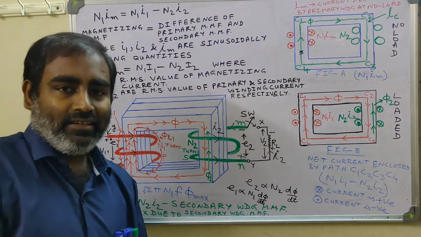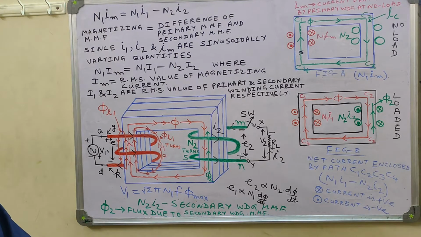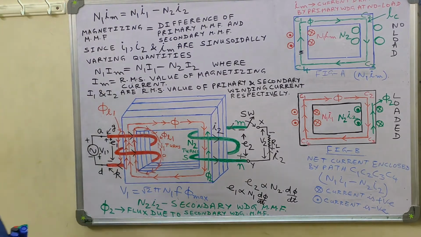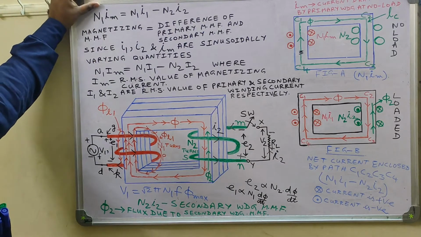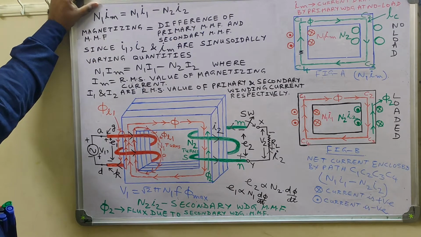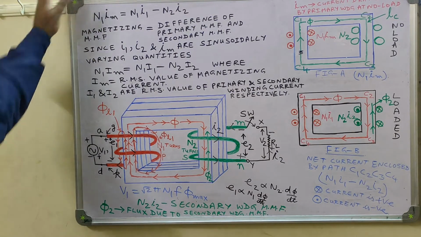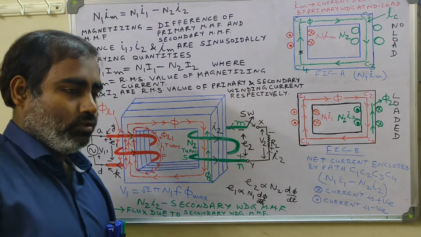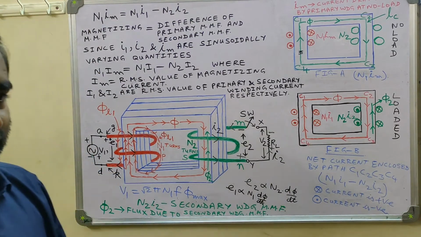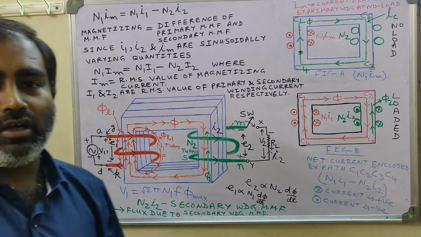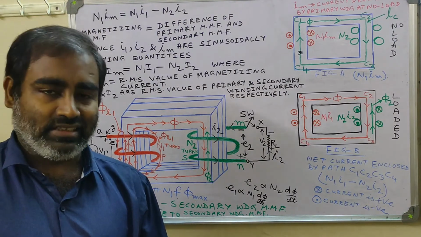Before we do that, let me state in brief that when we derived this particular equation in our previous lecture, we made some assumptions. Let us elaborate once more. The first assumption was that the primary coil and the secondary coil have no resistance.